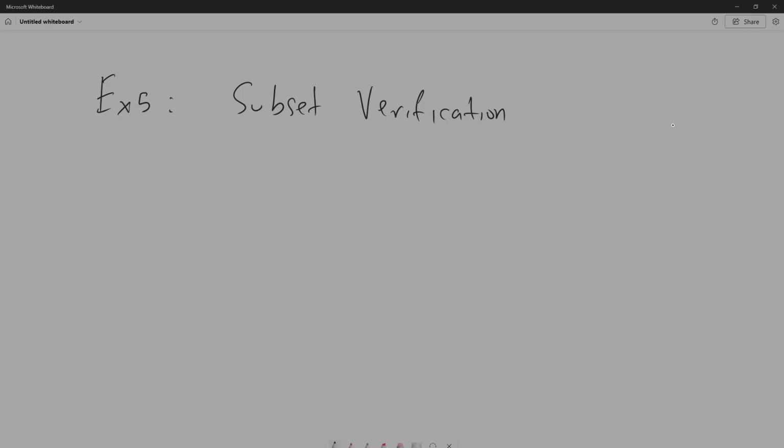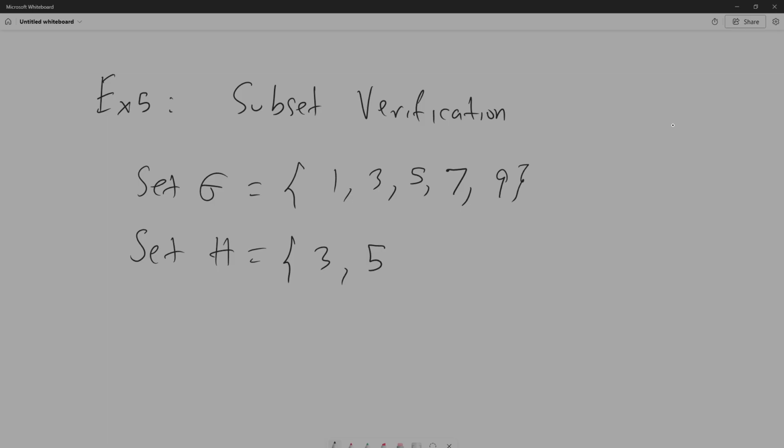Okay, so let's say we have set G and we have set H. So set G is gonna be equal to 1, 3, 5, 7, and 9. And H is gonna be equal to 3, 5, and 7. So in this case, we wanna find out if H is a subset of G.